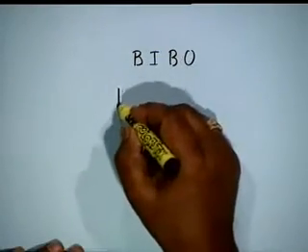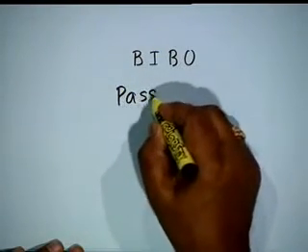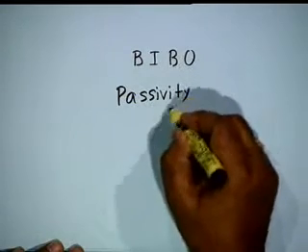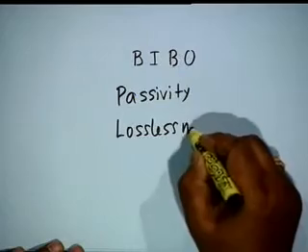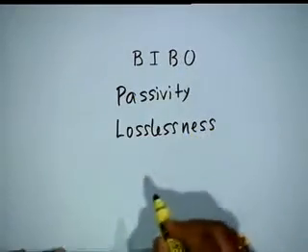We introduced the concept of passivity and losslessness. We also commented that in digital systems, these are artificial concepts, just like energy. Energy of a signal is summation magnitude squared over all values of n. This is a definition of energy. It is not energy in the sense of analog systems or analog signals.